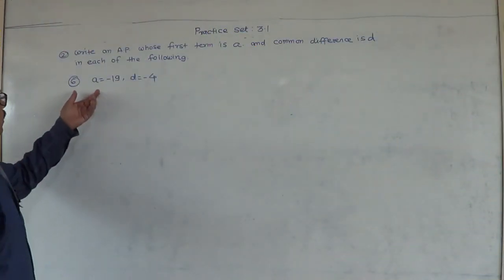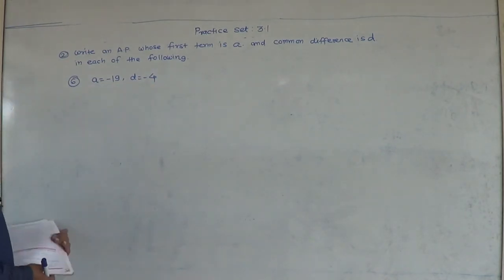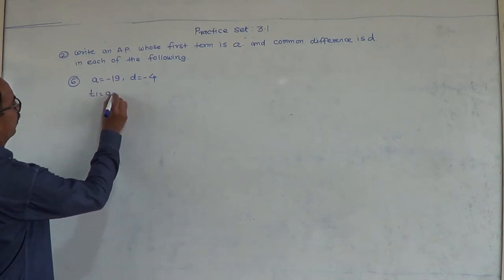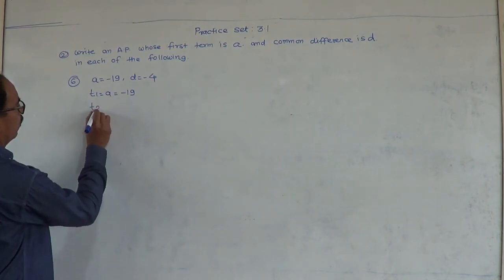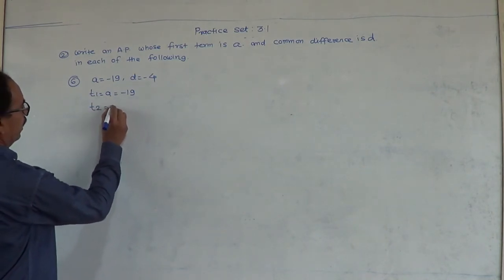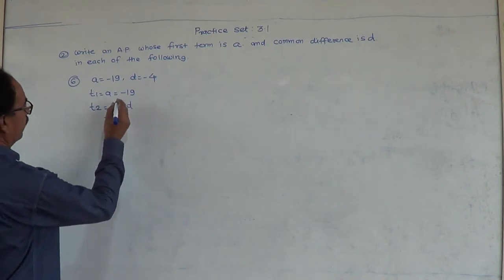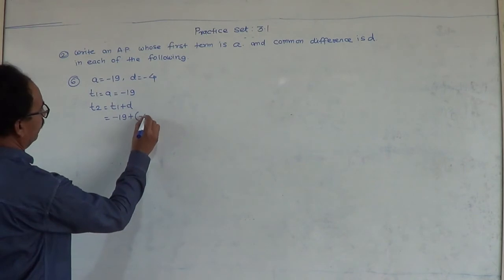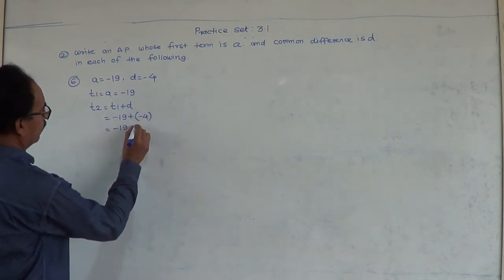Here we have given A is minus 19, D is minus 4. So first term, that is T1, is equal to A, which will be equal to minus 19. T2 will be T1 plus D. Our T1 is minus 19 plus the value of D is minus 4. So this is minus 19 plus minus 4.